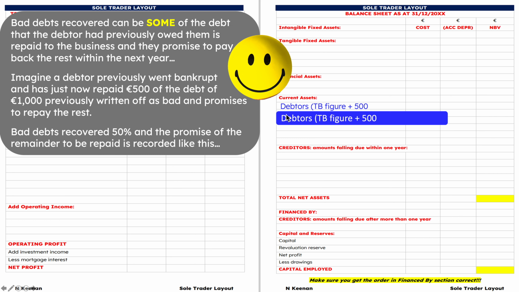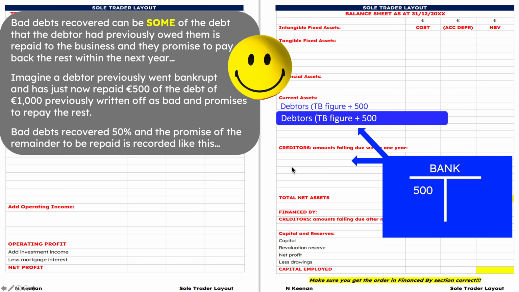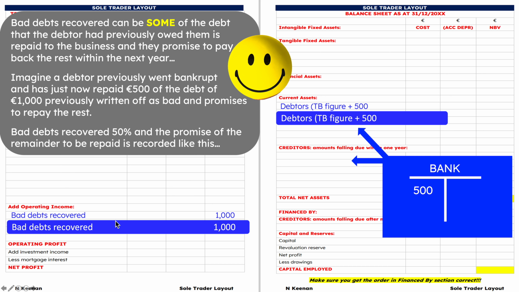So the 500 that they have yet to repay is going to be added to the debtor's figure. 500 is going to go into the bank. So if it's a bank account, a current asset, so a positive bank, we would add 500. But if it was a bank overdraft, we would minus 500 from the overdraft. And then we put bad debts recovered, €1,000 there, into the add operating income.